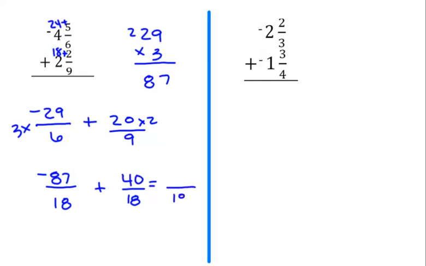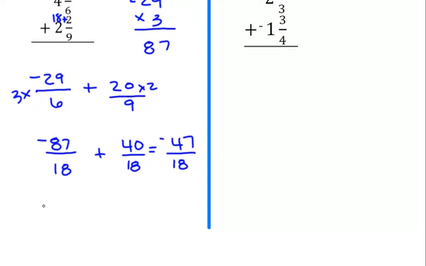Now my denominator is 18. So I have a negative plus a positive, so that's same sign. So, or sorry, different sign. So I'm going to subtract and keep the sign of the bigger number. So 87 minus 40 is going to be 47, and that's going to be negative. Now that's as simplified as it goes.